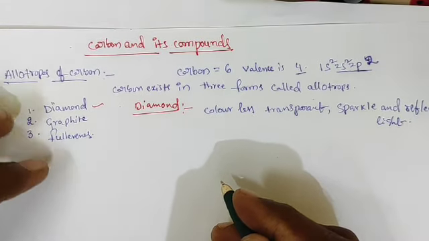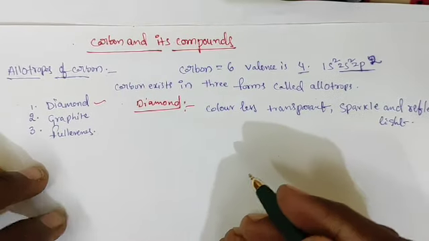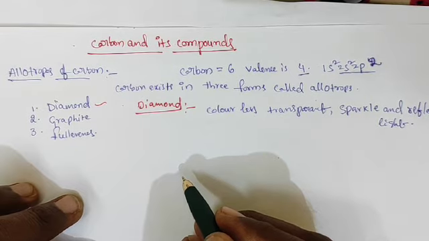So that's why we call this a lustrous property. Diamond exhibits lustrous property, which means shiny nature.